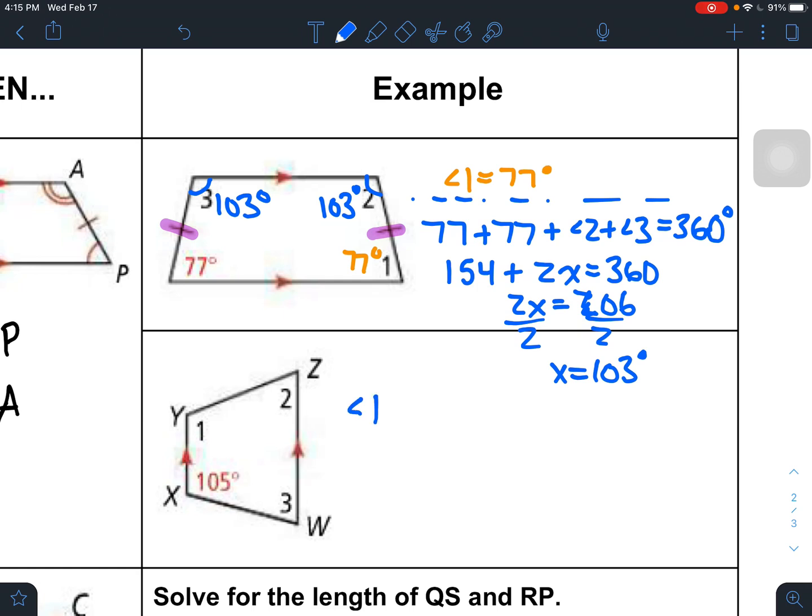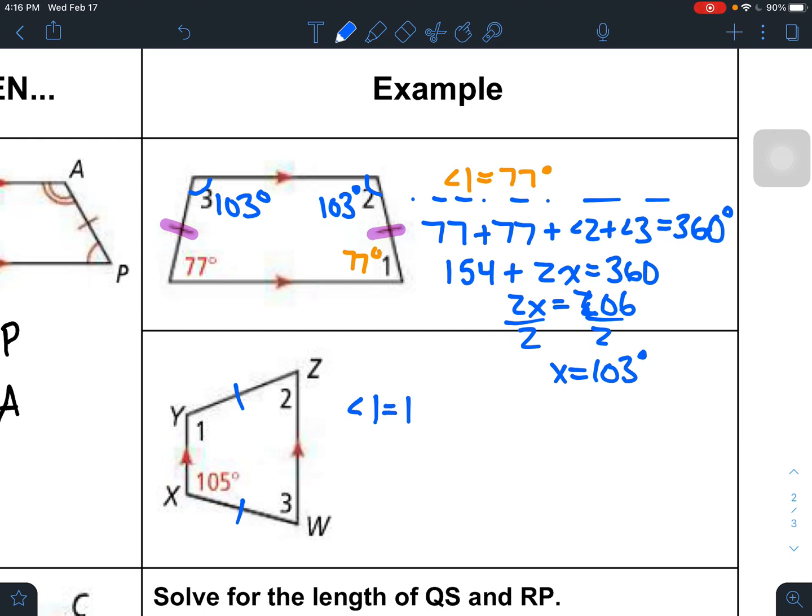Angle 1 is a base angle, if this actually truly is an isosceles trapezoid, which I can see that doesn't show the segments are congruent, but let's write in our congruence markers. It's not always true. If you don't see the congruence markers, or if you're not told they're isosceles, then we can't just draw this in. But for the sake of our example, I'm telling you these are isosceles.